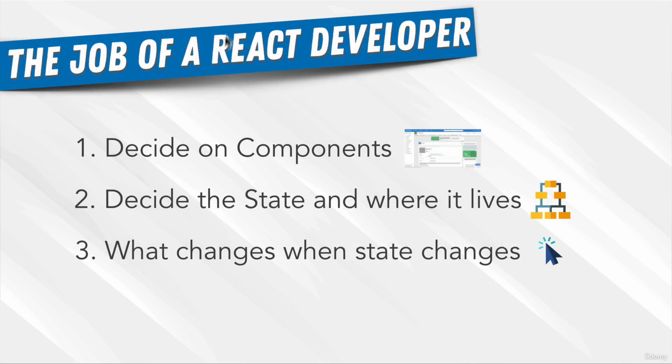Now, again, remember the keys to being a great React developer? The second point was to decide the state and where it lives. Now, up until now, we've only had state in our App component. But as we move further along in the course, you'll notice that we can put state wherever we want.